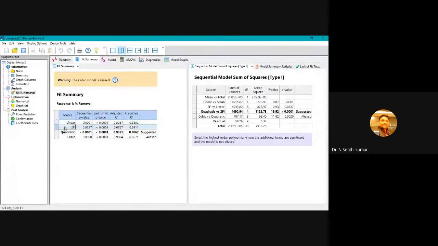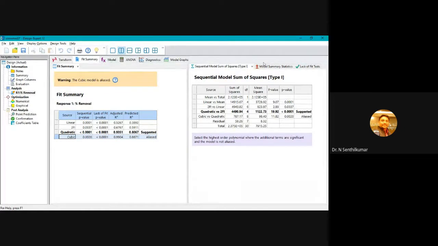In 2FI the predicted is 0.59, and in quadratic the predicted is 80 and the adjusted R-square is 93. Based on this, the system itself has suggested go for the quadratic model, and don't go with the cubic model, because some factors are influencing in the negative manner. So go with the quadratic model.